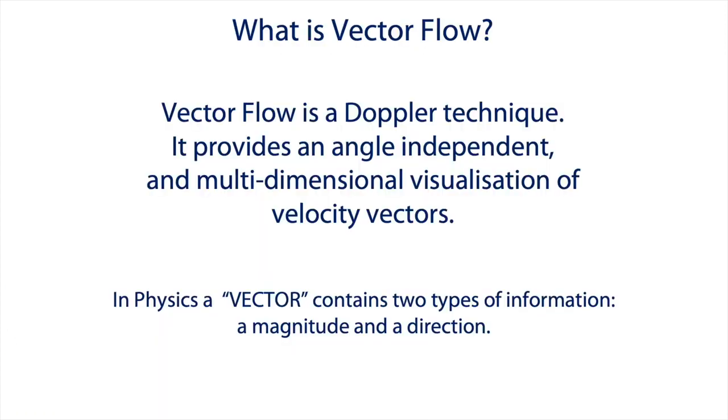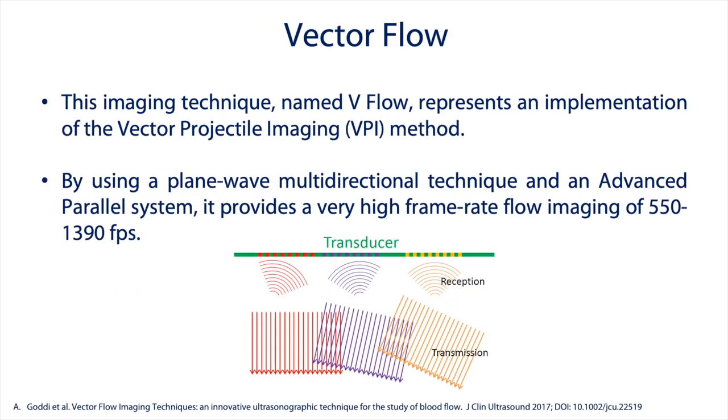Vector flow is a Doppler technique which provides an angle-independent information on magnitude and direction of velocity vectors. This technique, named V-flow, available on the Resona 7 Mindray system, represents an implementation of the vector projectile imaging method.